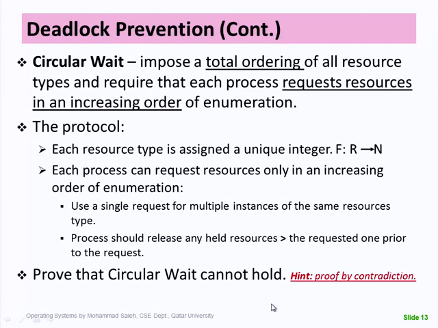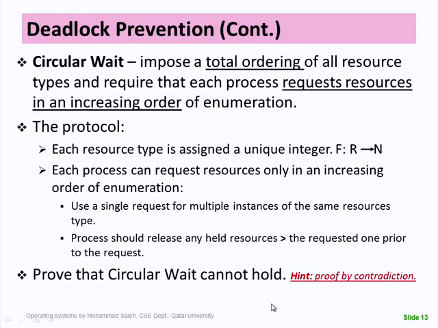Now let's take a cycle of 3 processes. Now P2 requesting resources that are held by P0. This means that the ID of these resources held by P0 are greater than the ones held by P2, correct?